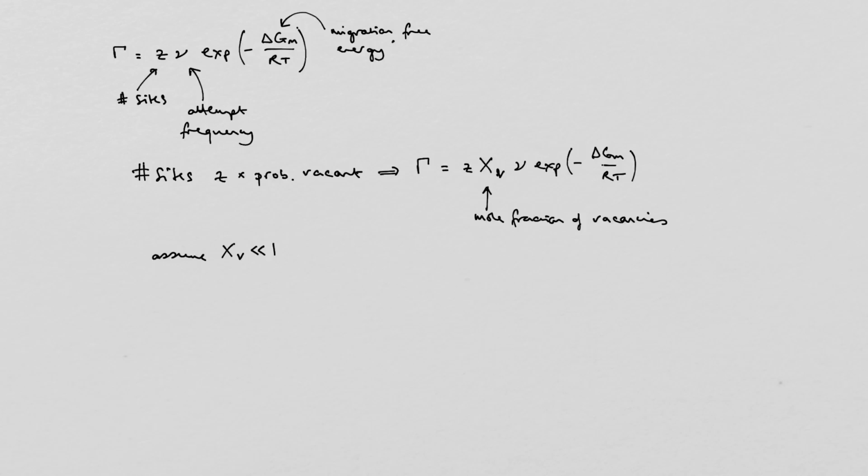And then I can just say that the enthalpy change that we get when we create a mole fraction X of vacancies is just X times the enthalpy change to create a mole of isolated vacancies.